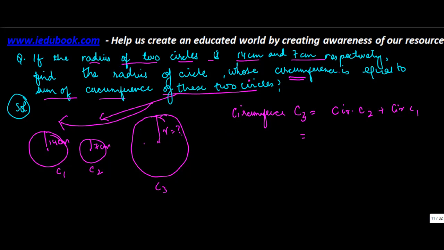or we know that 2 pi r3 is equal to 2 pi, what is r1? We know it is 14 centimeter, into 14 plus 2 pi into r2 is what? 7.